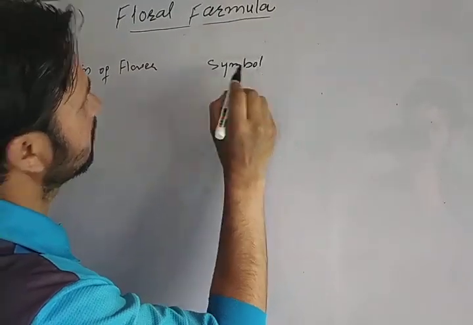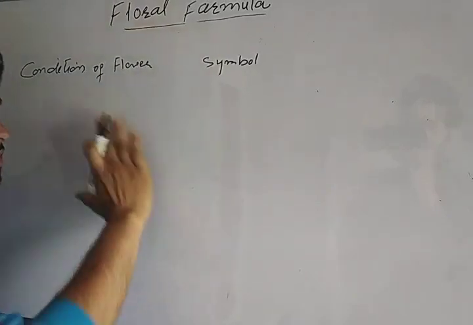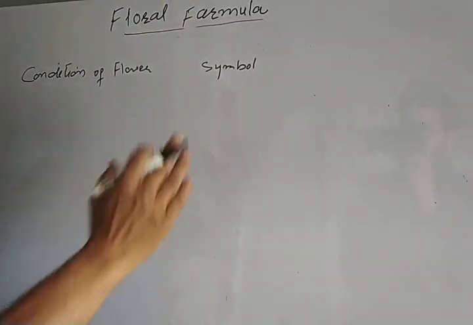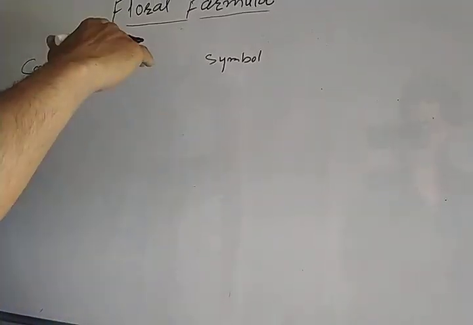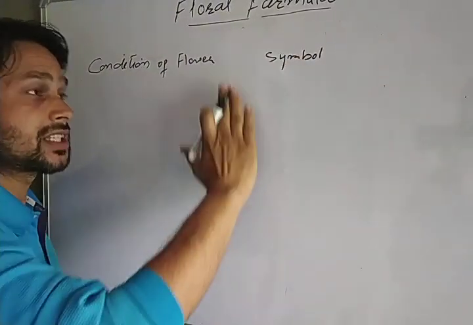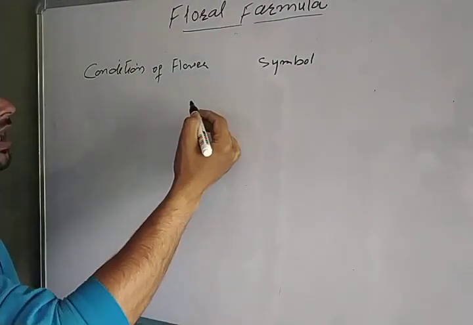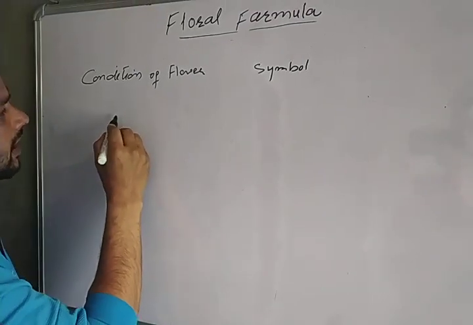Now we are studying the flower from the periphery towards the center, from the base of the flower towards the top. When we describe a flower, we see conditions like bracteate.